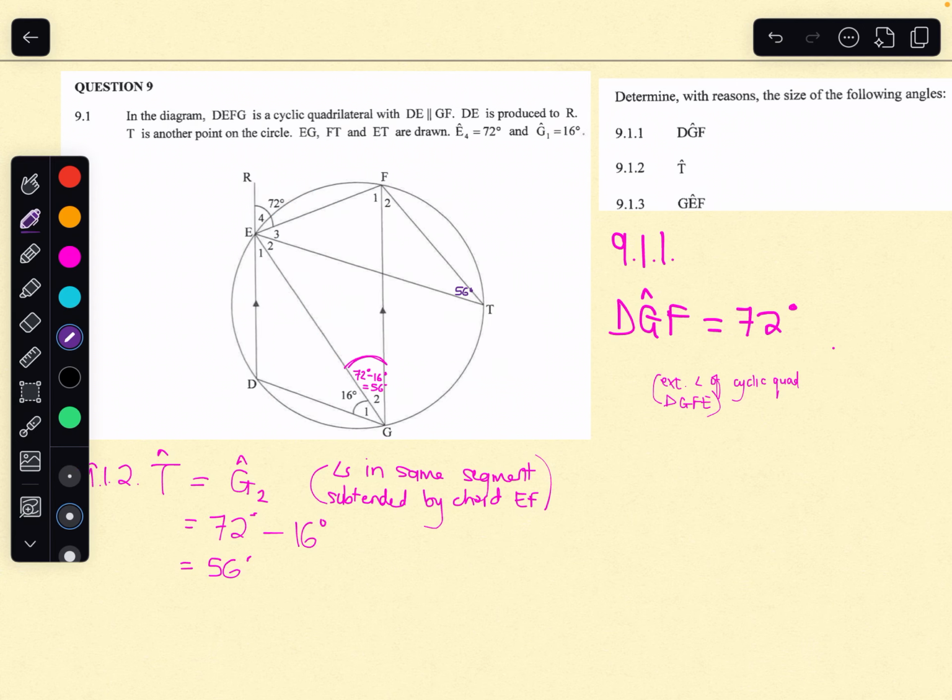And then the last question says we must work out the size of G, E, F. And we haven't used our parallel lines yet, so maybe this is the moment. How to do it?